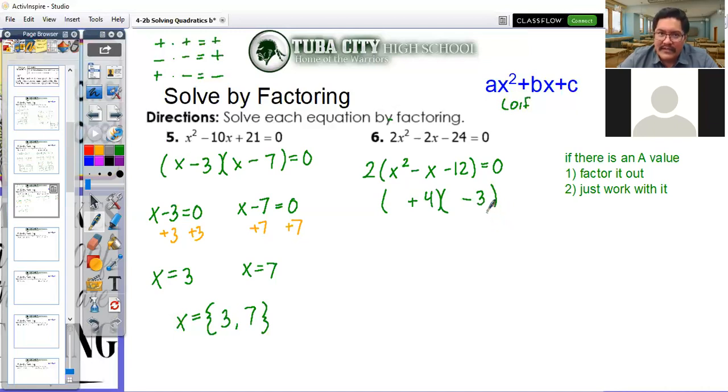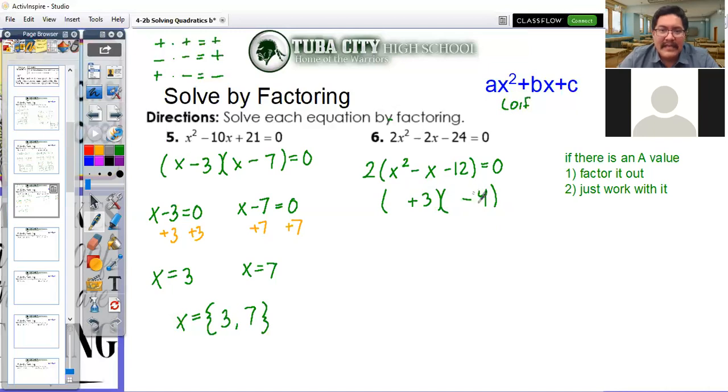Now be careful, because we're not done yet. 4 times negative 3 is negative 12. But in a case like this, you might also have one that doesn't work. In this case, it doesn't work because 4 minus 3 is positive 1, not negative 1. So if that happens, right number, wrong sign, just switch the signs or switch the numbers.